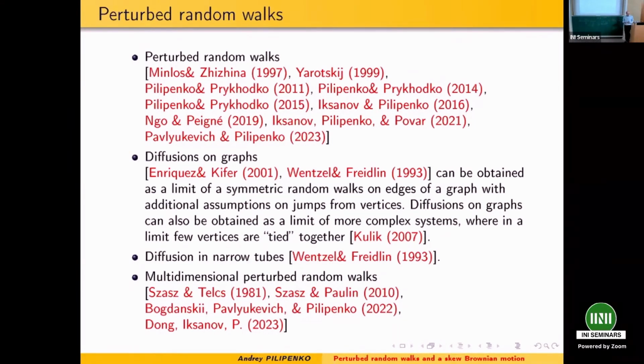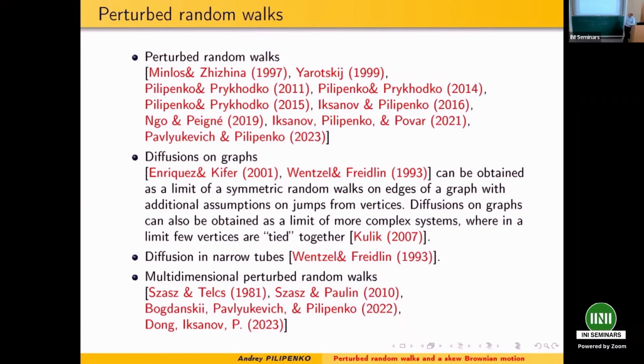And imagine how difficult it is to prove something using finite dimensional distributions, because you cannot write them explicitly. Well, you can write them explicitly, but not in a nice way. So you have to make some estimates. And today I will use the martingale problem approach.